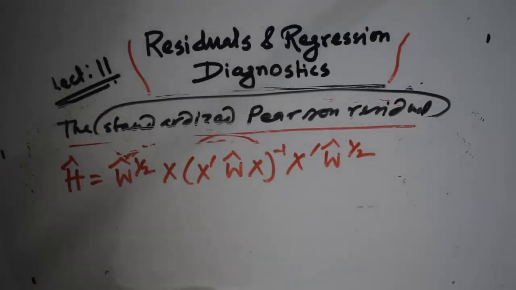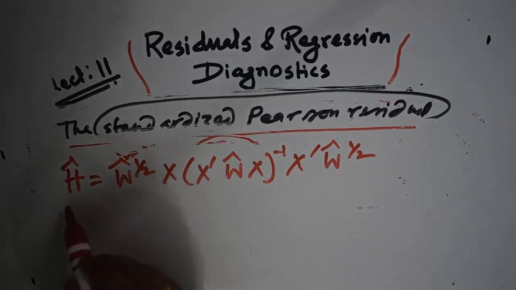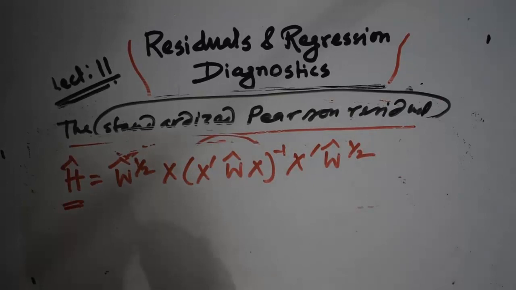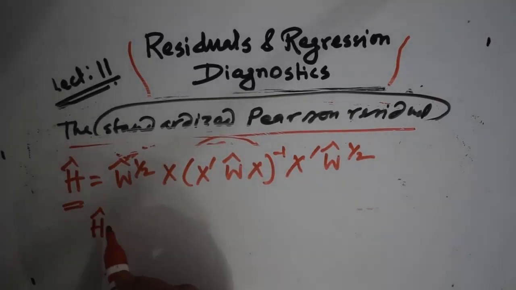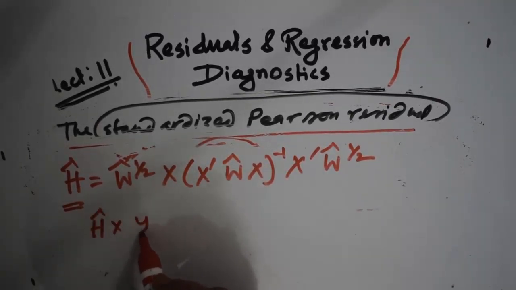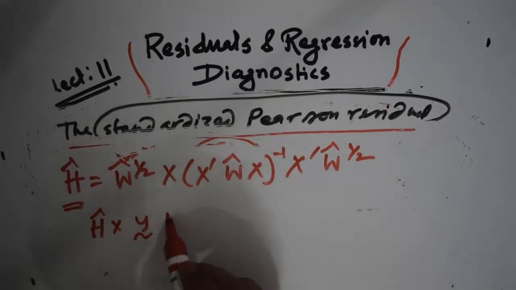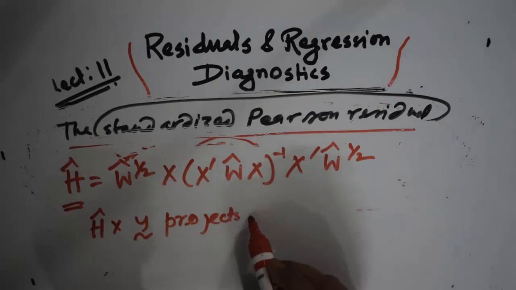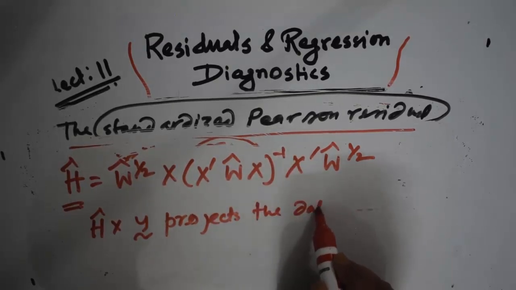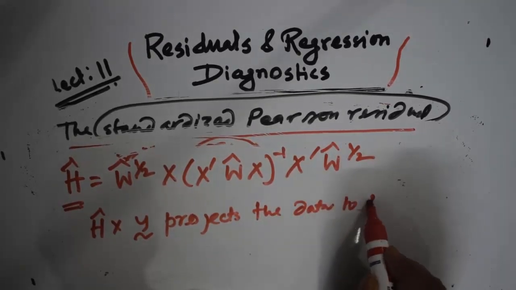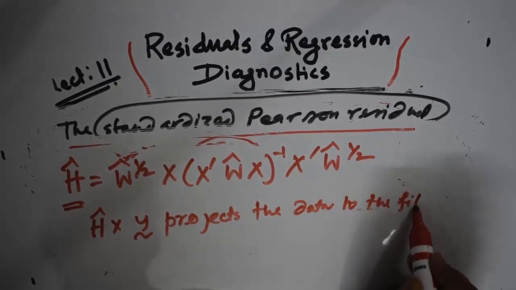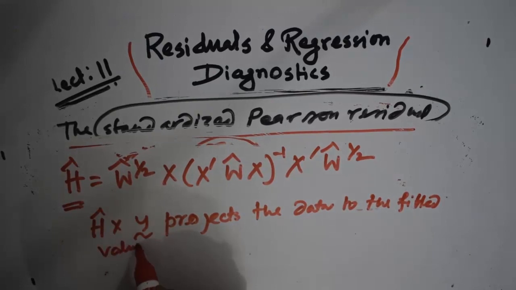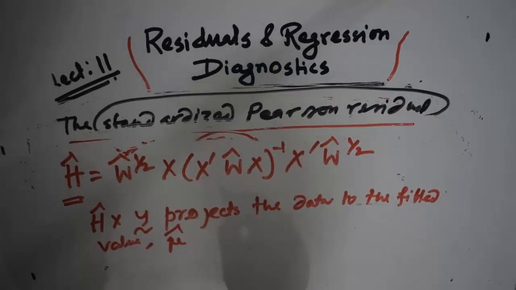In a linear model, the hat matrix is so named because H hat times Y curl projects the data to the fitted value mu hat.